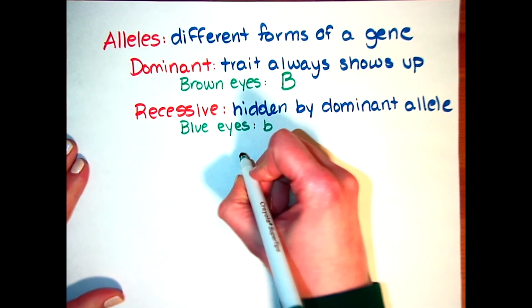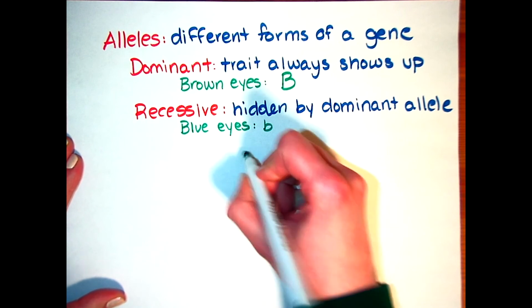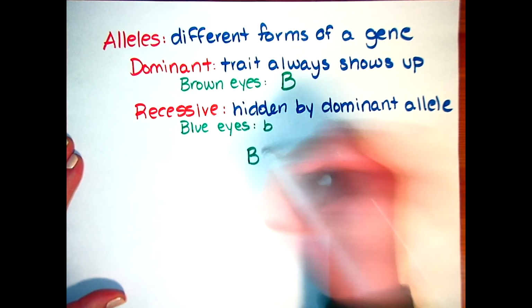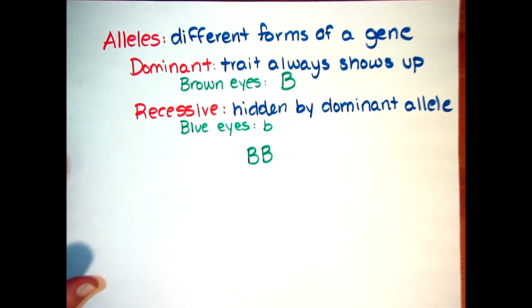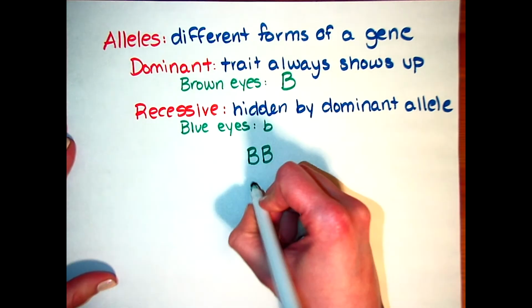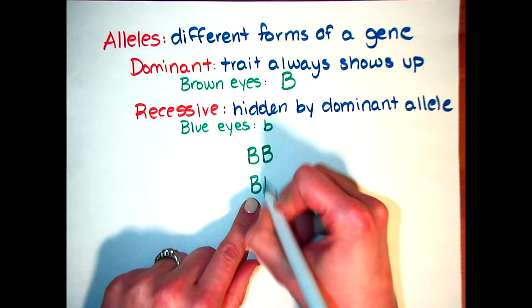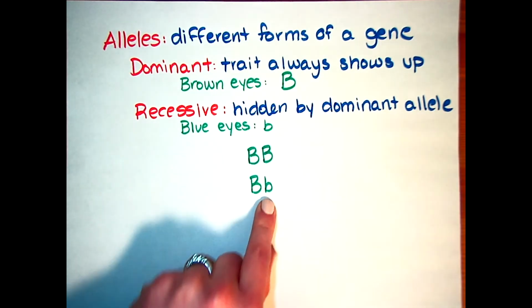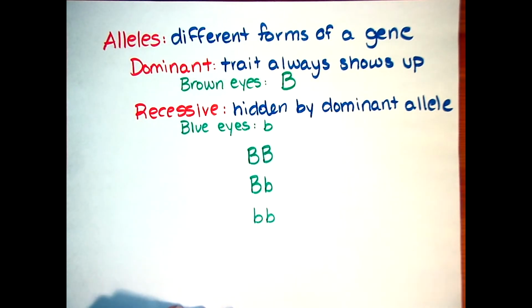In that case, your, what we call a genotype, would be capital B, capital B. Maybe you could get one brown-eyed gene, and maybe your mom has blue eyes, and she gives you a blue-eyed gene. Or you could also have two alleles, two genes for blue eyes.